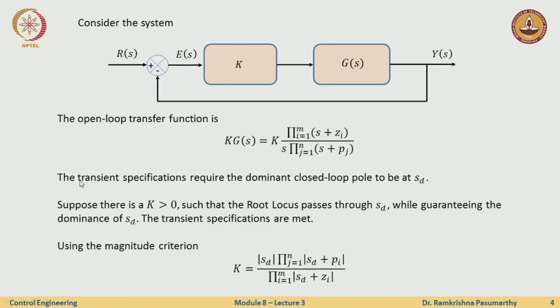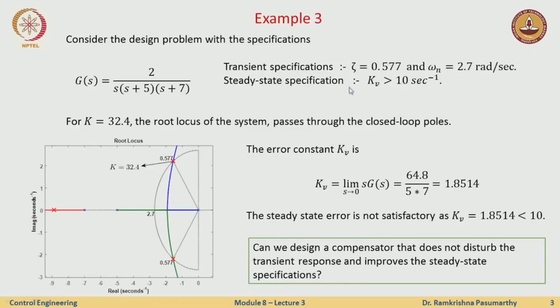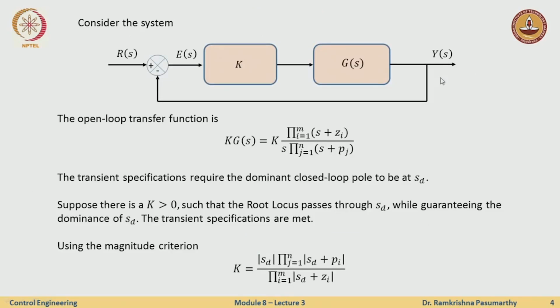So the transient specifications require the dominant closed loop poles to be at some s_d, which are computed by these two numbers. Okay, the first thing is, assuming there is a k greater than 0 such that the root locus passes through s_d, we compute the gain k in the following way.